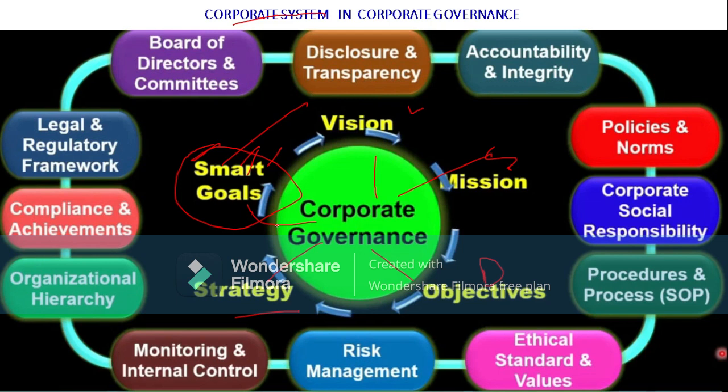According to our organization's capacity, we have to keep our goals and objectives. And timely: there should be a deadline for any objective, and within that period we have to reach our goals. So that is about the SMART goals. All these are related to corporate governance.